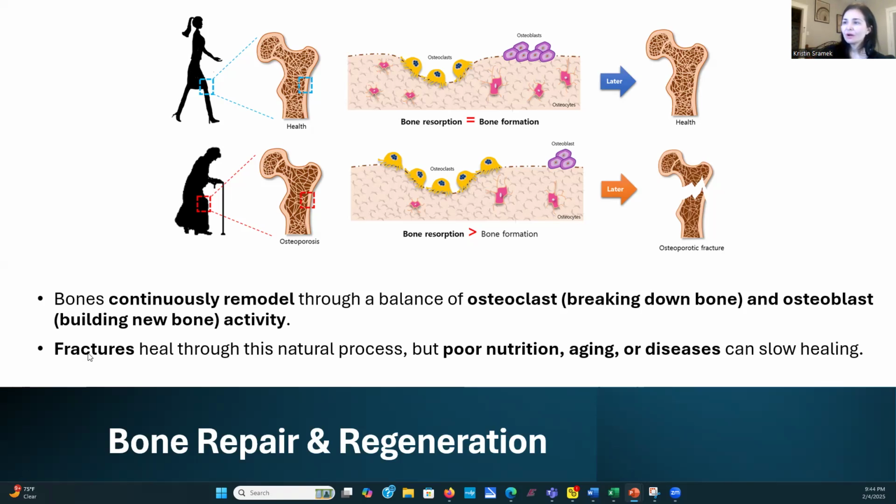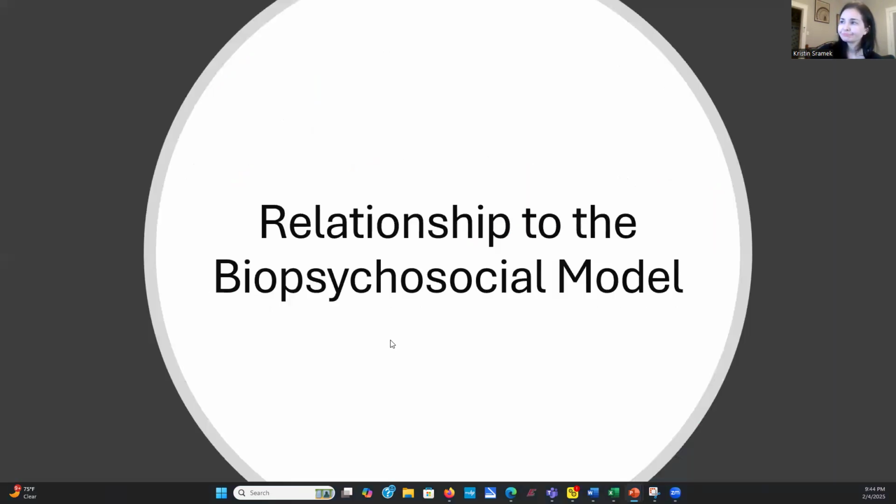So fractures occur naturally all the time, but then we also have fractures that heal through this process, but there's other stuff that can get in the way. So again, poor nutrition, which is why nutrition is so important. Aging, which is something we try to manage as best as we can as we get older to make sure we have good nutrition and good habits. And then, of course, potential diseases that could get in the way.